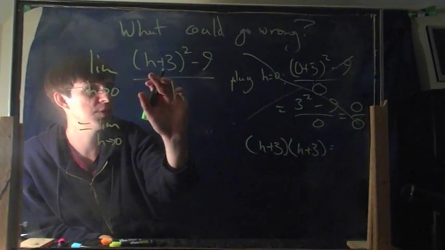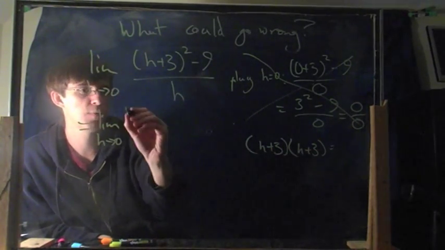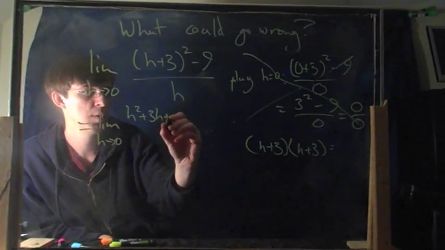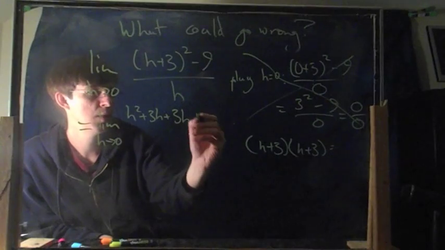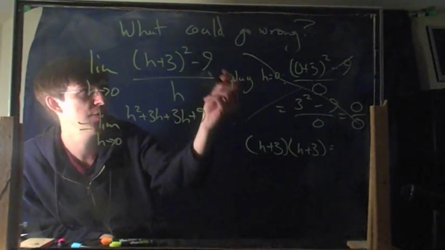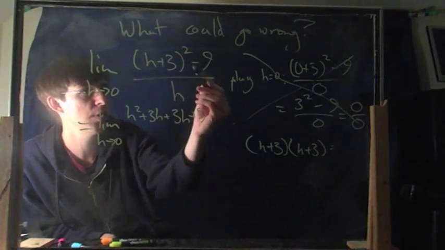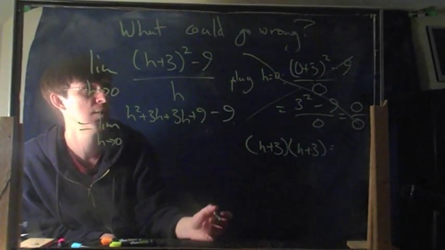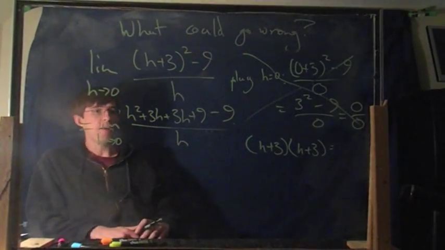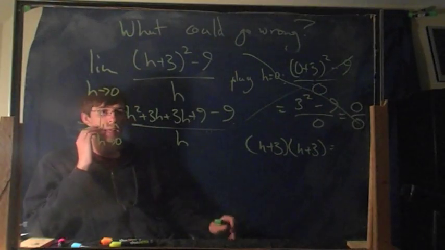I'm going to replace h plus 3 squared by the results of this FOIL, which would be h squared plus 3h, that's the outside term, plus the inside term 3h, plus 3 times 3 is 9. That was just this part. Now I have minus 9 still there, and all divided by h. Having done that, can we simplify anything in there?